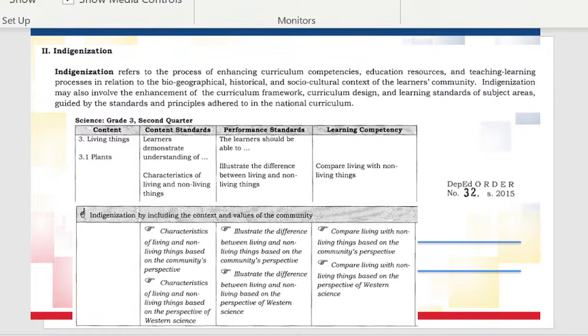That is indigenization. So we can use that in the budget of work. The content standards in the budget of work, the performance standards in the budget of work can be enhanced. Relating it to the biogeographical, historical, and socio-cultural context of the learner's community.